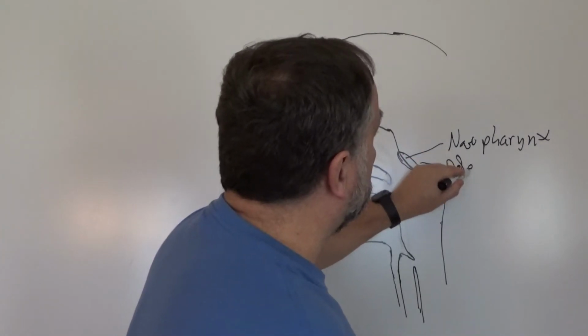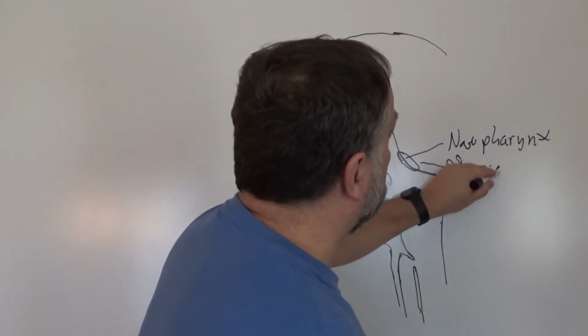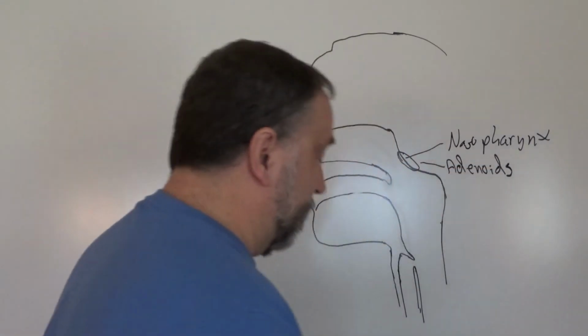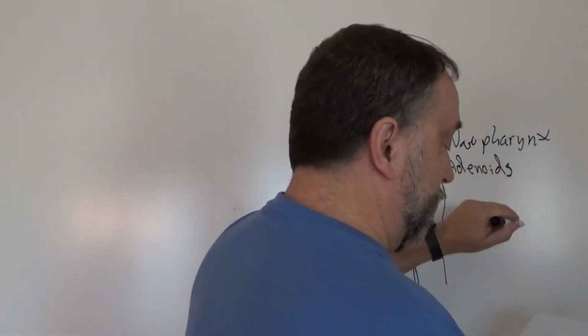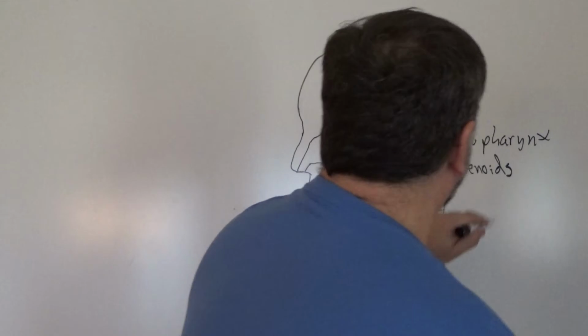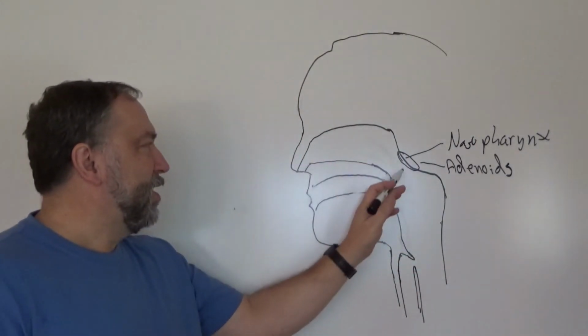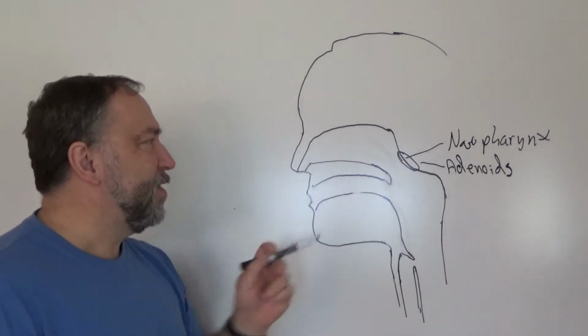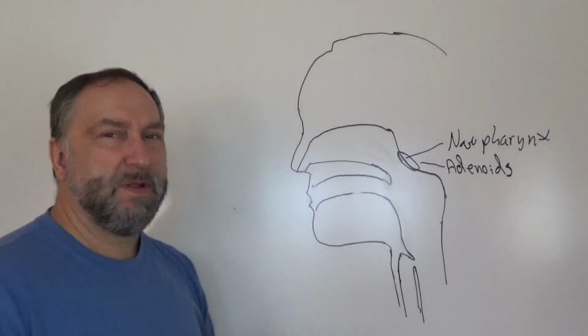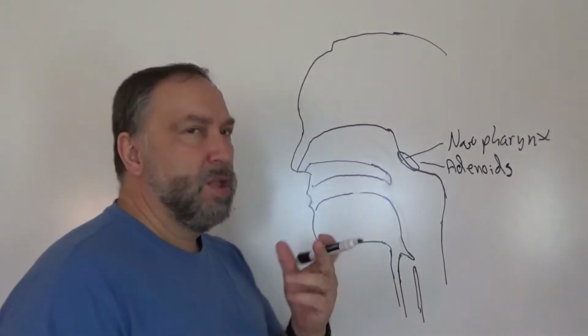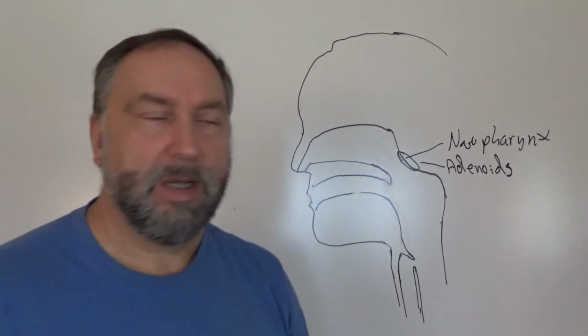The adenoids, and they also call those the pharyngeal tonsils too. And as you can see, if you look down the mouth, you would not see those. They're up in the nasopharynx, which isn't visible as you're doing your assessments and looking in the mouth.